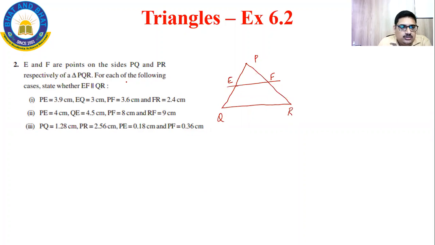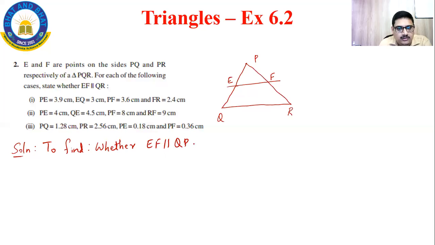Then for each of the following cases, state whether EF is parallel to QR. This is what we have to find out. So under solution, what do I have to find out? To find whether EF is parallel to QR. This is the reverse of the first question. That is, you have to use the converse of BPT.